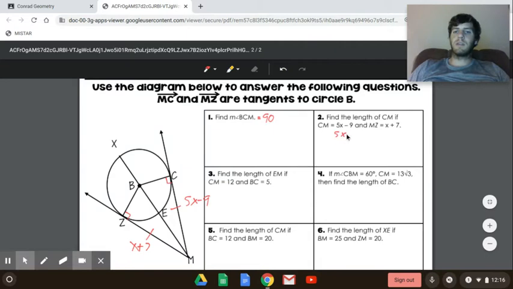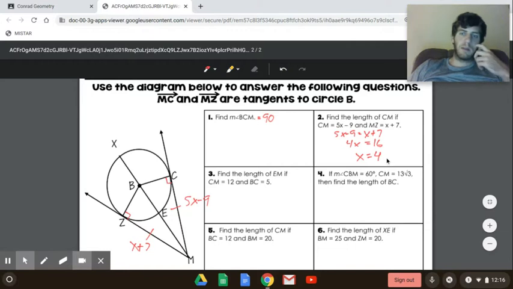So 5x minus 9 equals x plus 7. Then we subtract x from both sides, that's going to be 4x on this side. You add 9 to both sides, you end up with 16 on this side. Divide by 4, and we get x equals 4.